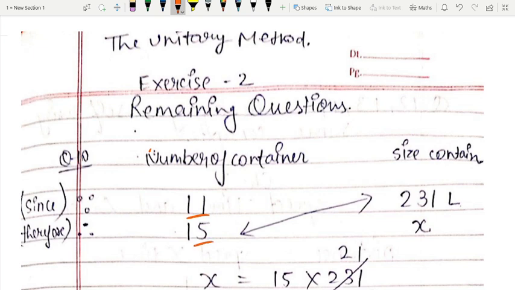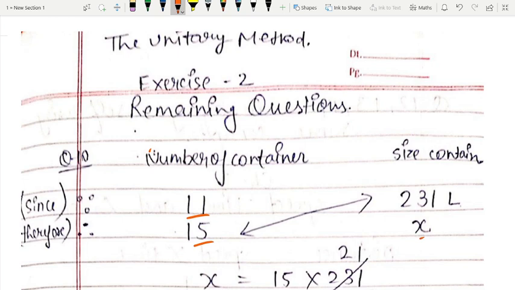So we will write down this unit at the left. It means since 11 containers contain 231 liters, then 15 containers will contain, we have assumed, x.